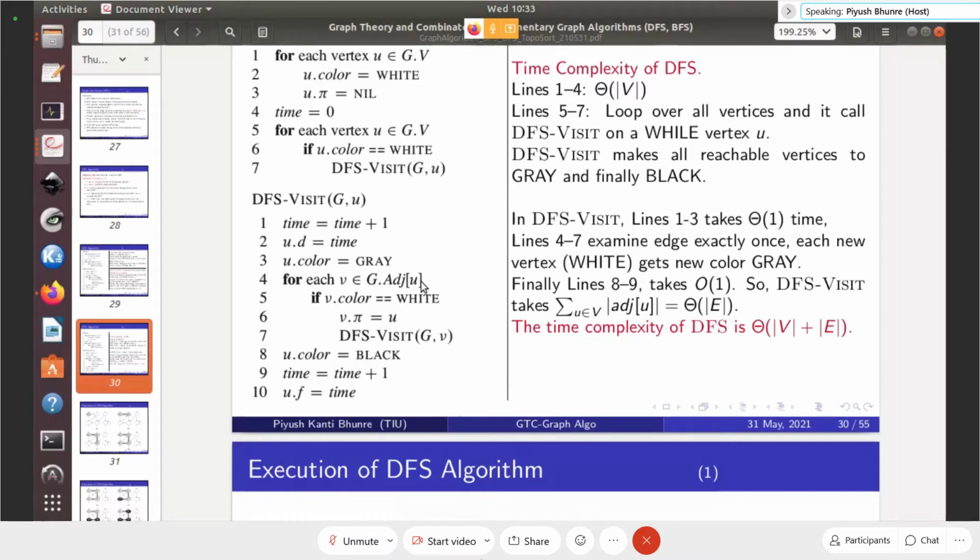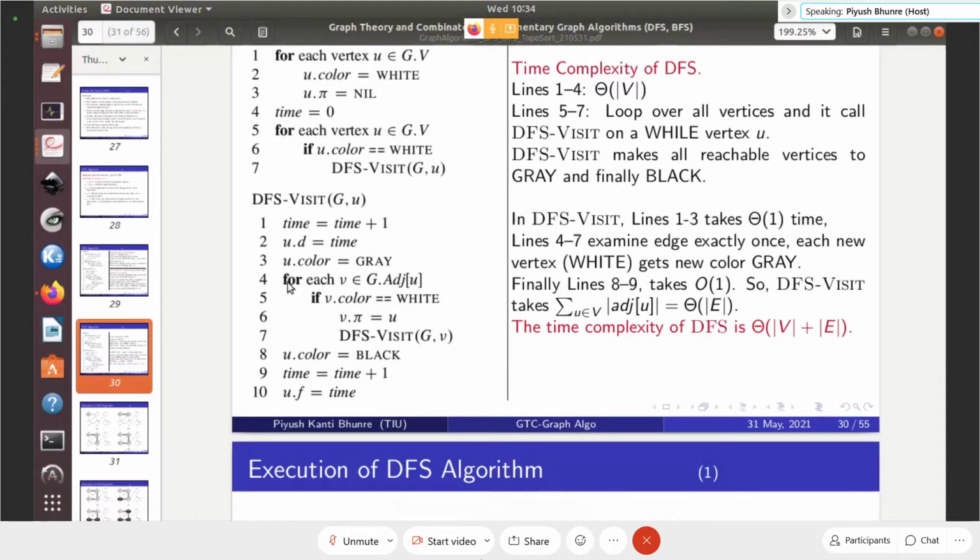So after line number 3, you perform a push operation. Suppose S is the stack, push S comma u, and then instead of the for loop alone, you insert a while loop before the for loop.